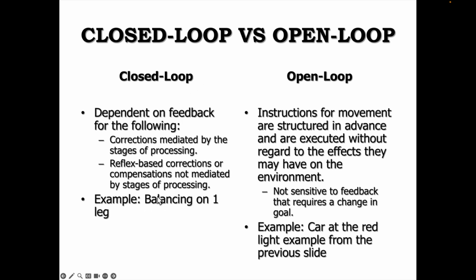A good example of a closed loop system would be balancing on one leg. Versus an open loop system, where the instructions of the motor program are structured in advance and executed without any regard to the effects the movement may have on the environment. Essentially, an open loop system is not sensitive to feedback. The example again is the car sitting at the red light, from the previous slide, until the light turns green.